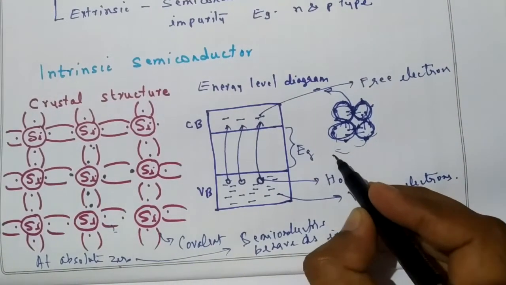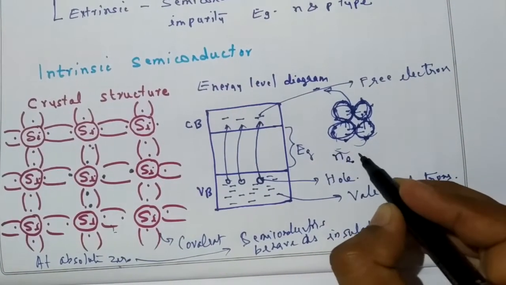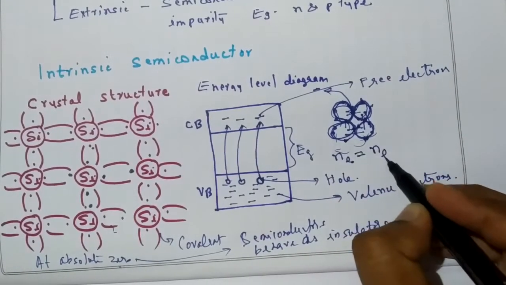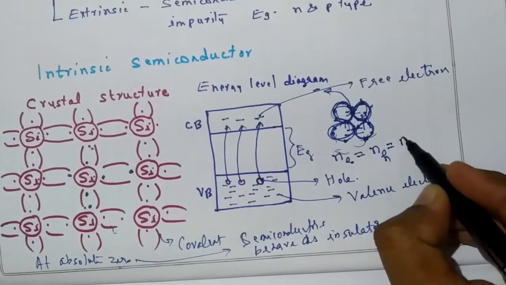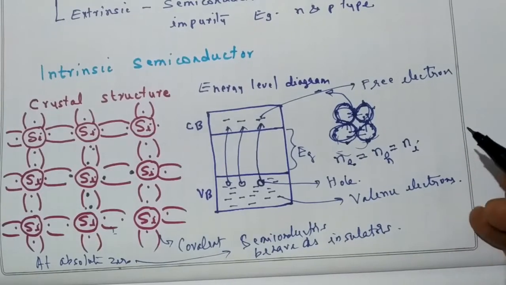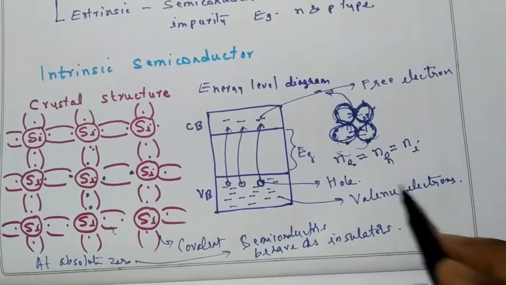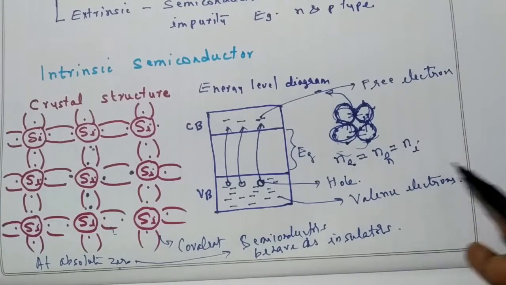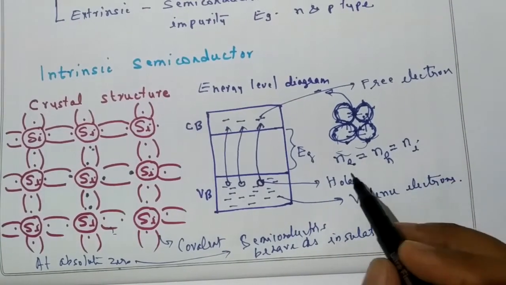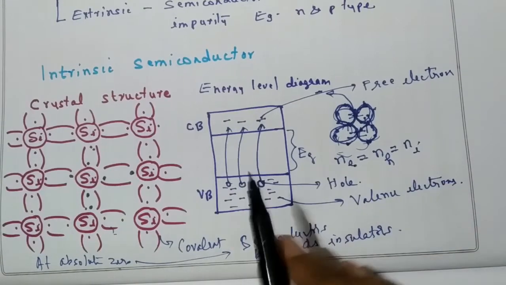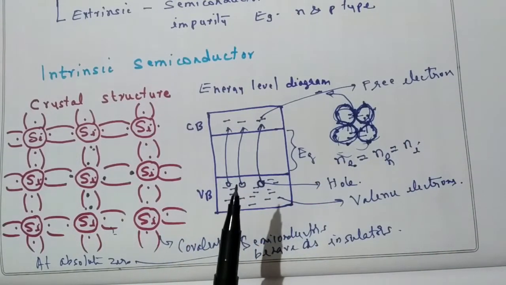So we say that the number of electrons will be equal to the number of holes, and at room temperature that is a constant, called intrinsic carrier concentration. So Ni is called intrinsic carrier concentration. That will give you the number of free electrons or holes at room temperature.